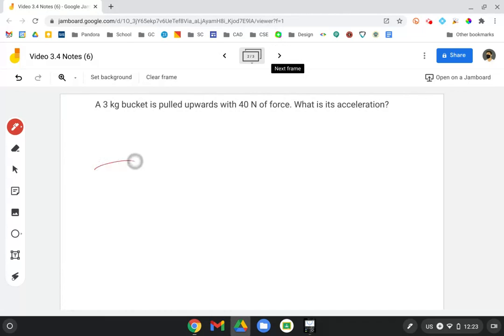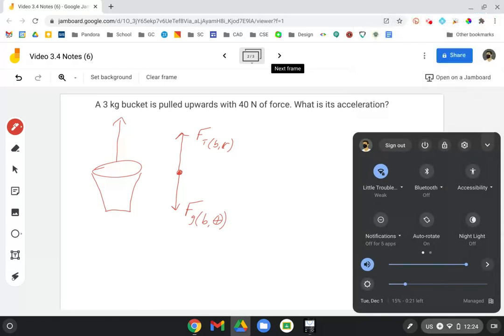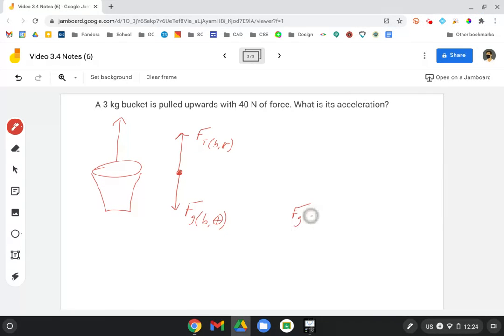So here we have a bucket that's being pulled upwards by a 40 Newton force. First, we're going to make a force diagram, and then calculate the forces acting on this bucket for both of these forces. So Fg is equal to mass times acceleration due to gravity.